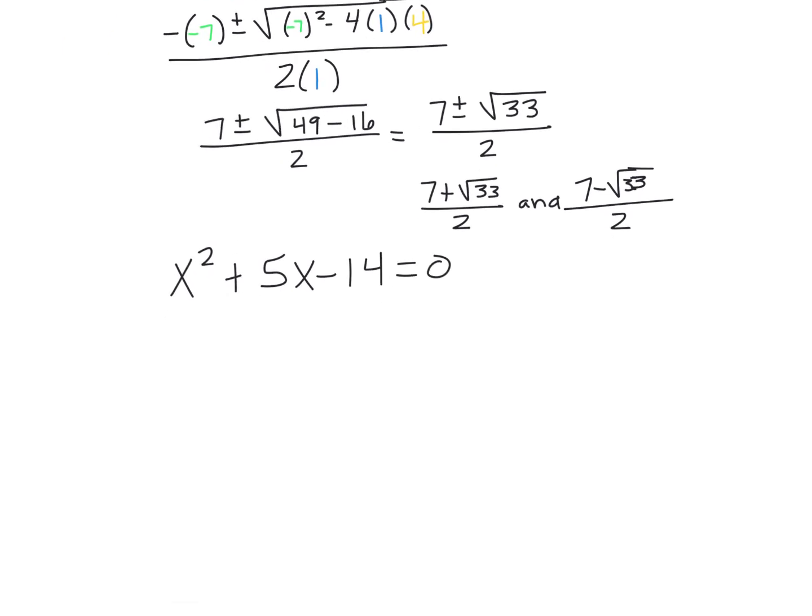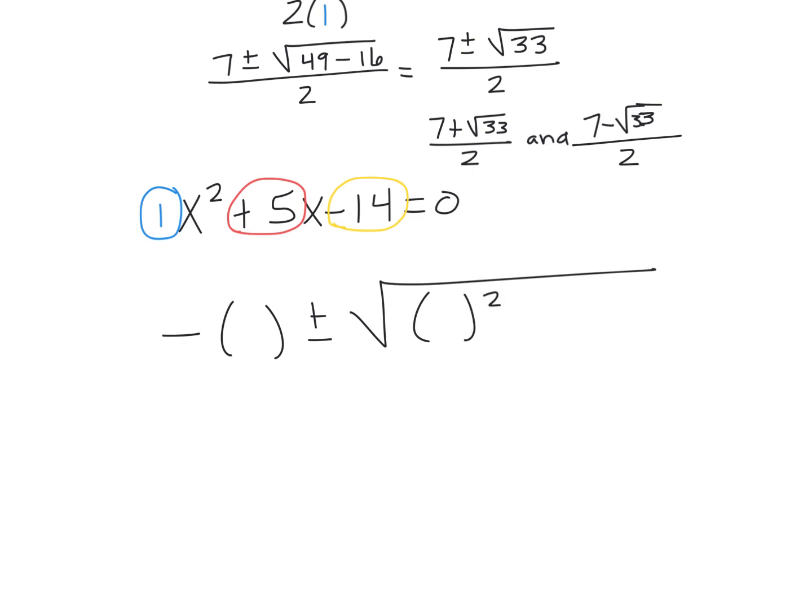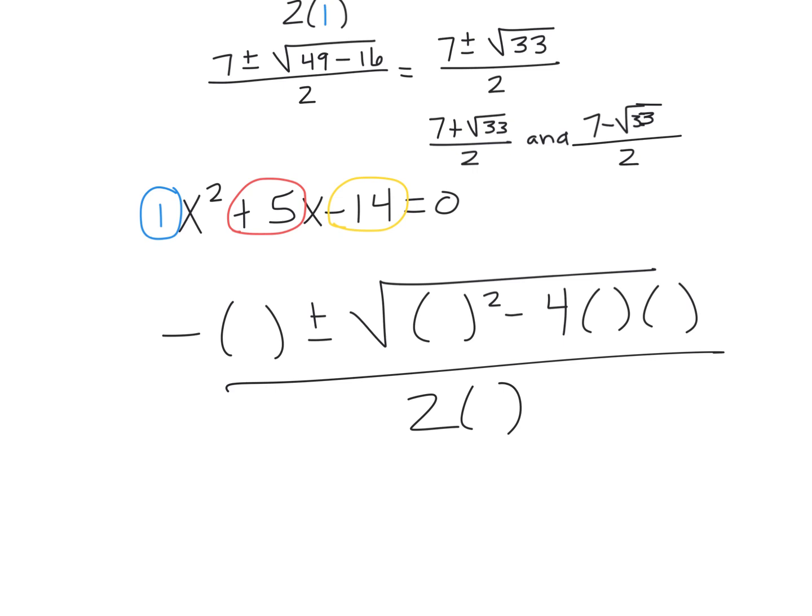Okay, so again, here's my B, here's my A, here's my C, and so it's minus B plus or minus the square root of B squared minus 4 times A times C all over 2A. Again, you don't have to do all the parentheses that I did.